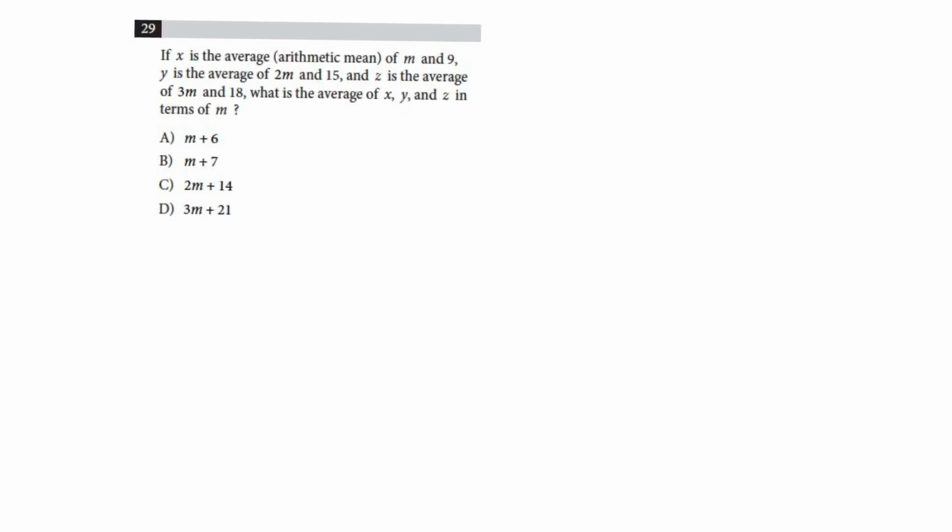Okay, so let's see. x is the average of m and 9. That means (m plus 9) divided by 2 equals x. y is the average of 2m and 15.